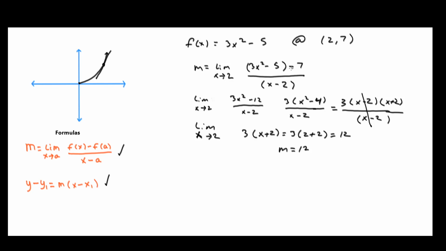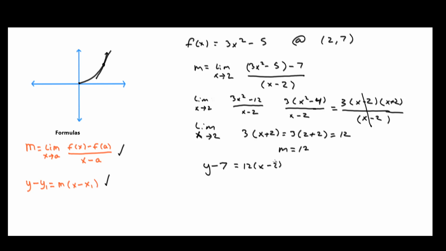Now that we have an x and a y point, we can use our point slope formula here and just start plugging in. So we have y minus our y1 value, which is 7, equal to our slope 12 times (x minus our x1 value, which is 2).